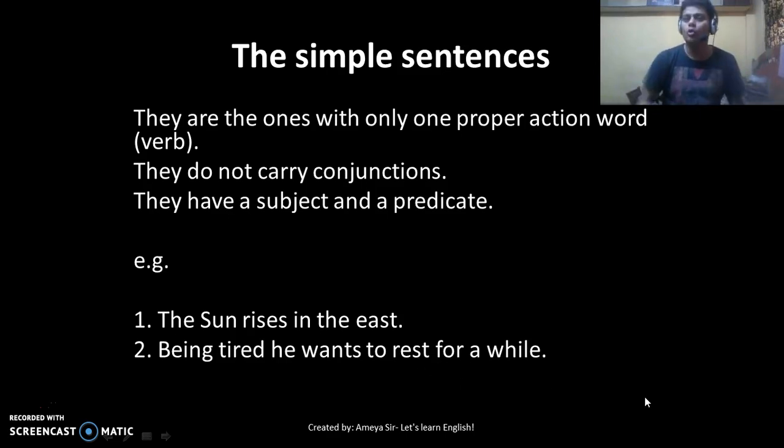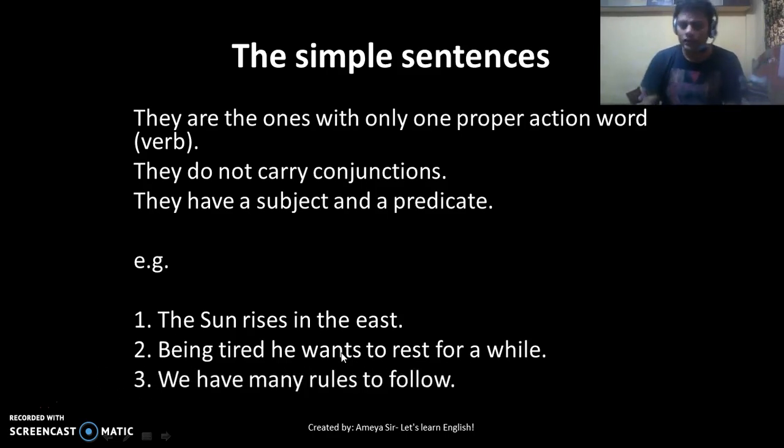Those who know grammar will know that it is an infinitive, to plus verb. So to rest is not a proper verb, it's an infinitive. Over here, wants is the only real action word. That's why this example was chosen. I think it's a very nice point to keep in mind. To plus verb is an infinitive. It's not a proper action word over here. The third one, we have many rules to follow.